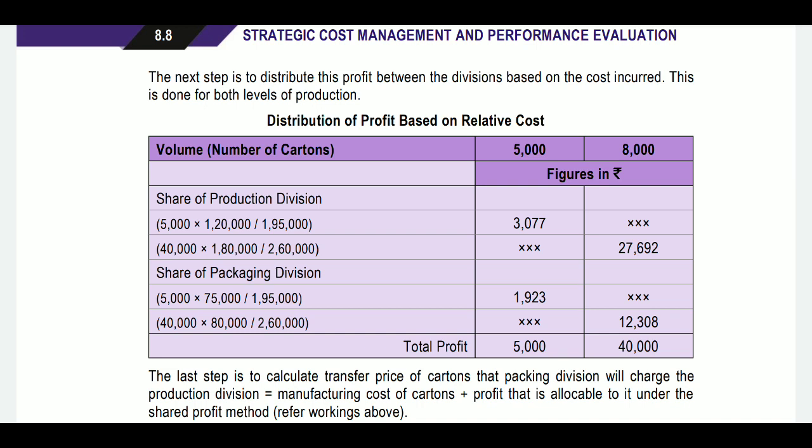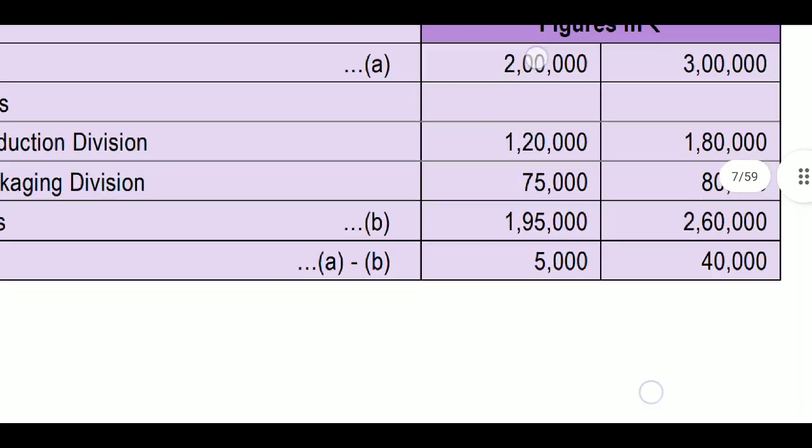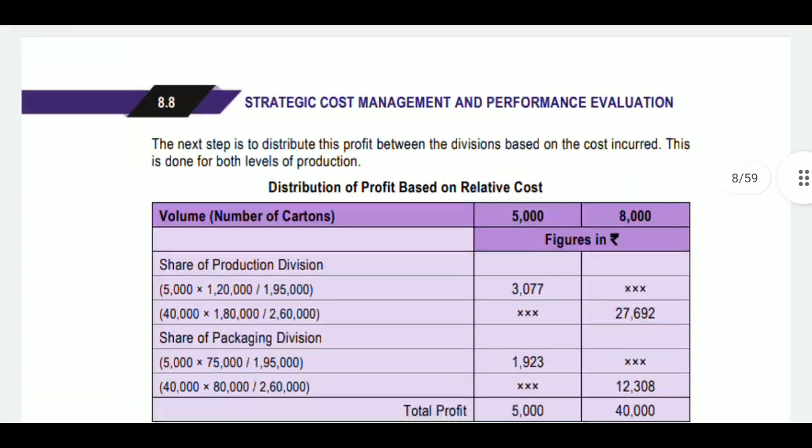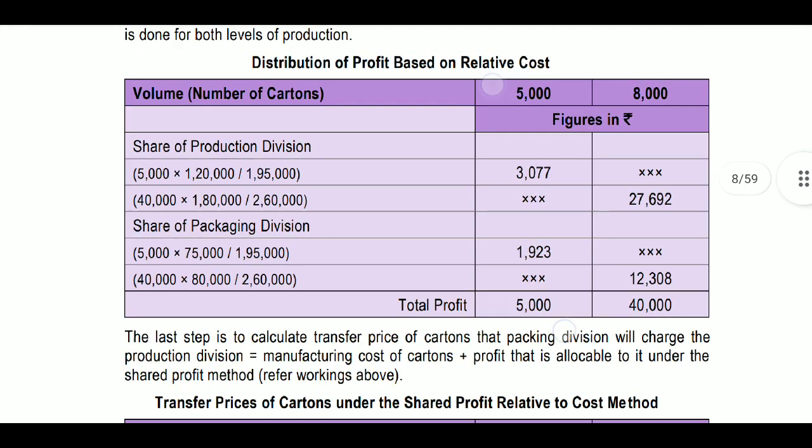The costs provided are 1,20,000 and 1,80,000 for the production division, and 75,000 and 80,000 for the packing division. We will take each division's cost divided by the total cost, which is 1,95,000 and 2,60,000. Based on that, the share of the production division will be calculated for the profit of 5,000 and 40,000.